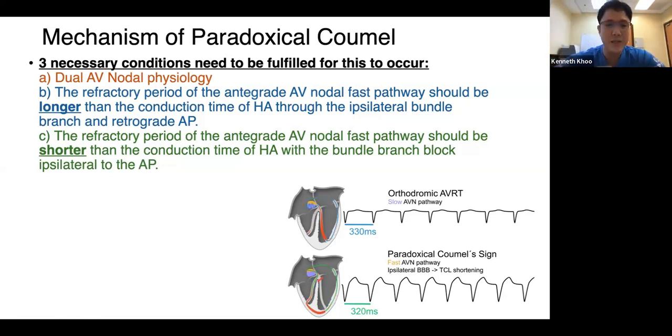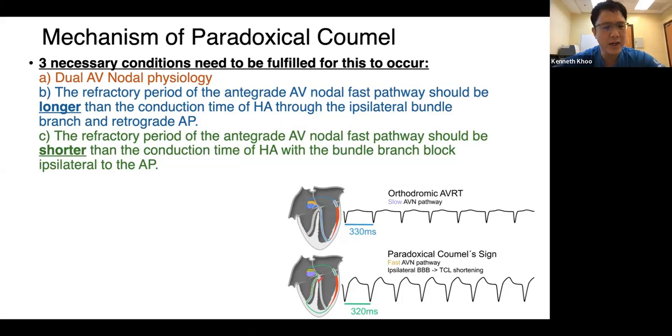Now, this all seems quite technical, a lot of words, and can be potentially confusing. But I would like to offer a simple explanation in the context of my patient. So, paradoxical Kuhlman's phenomenon is essentially an interplay between HA and AH interval during the tachycardia.